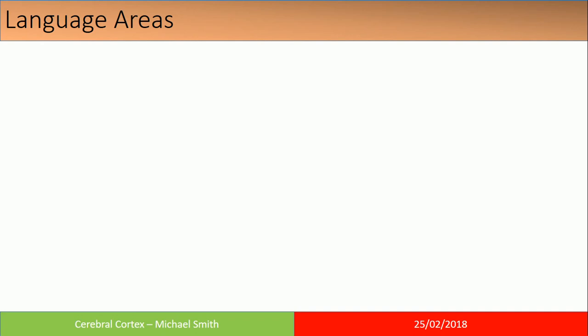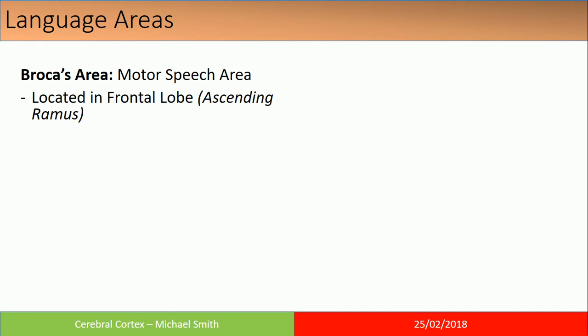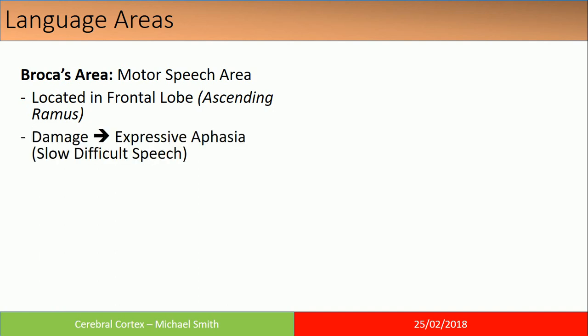So we've mentioned our Broca's and Wernicke's area, and these play important parts in our language. So our Broca's area is often referred to as our motor speech area, and it sits in our frontal lobe. And if you have damage to it, then you lose your ability to have this motor speech function, so you can find it difficult to speak, and this is sometimes referred to as an expressive aphasia, in which your speech will be very slow and difficult.